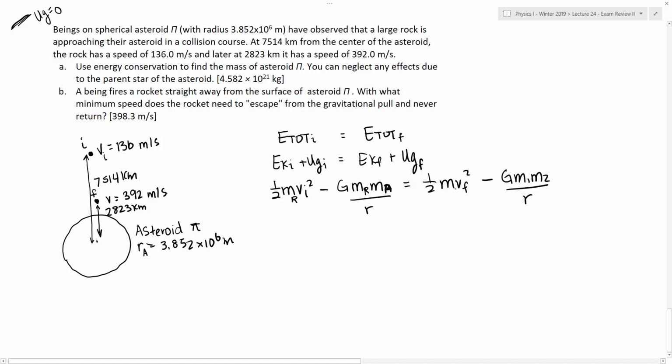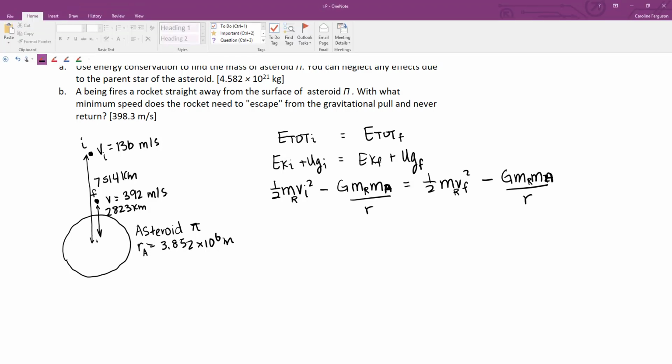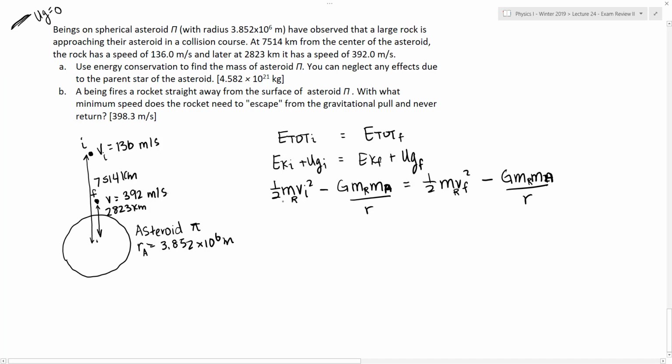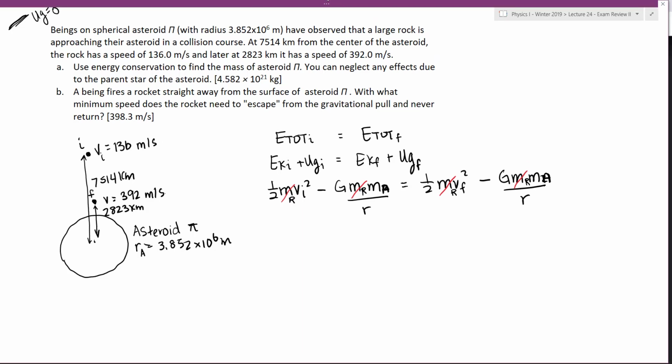For the kinetic energy, that mass is the mass of the rock because that's the object that has the velocity. And again, we have m1, which is the mass of the rock, and the mass of the asteroid over here. Okay, so notice there's a mass of the rock in every one of those terms. So I could divide everything by mass of the rock, and that goes away. So that's good because the question didn't tell us what the mass of the rock was.